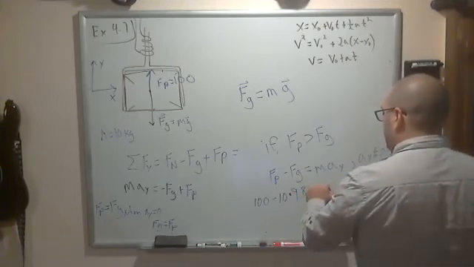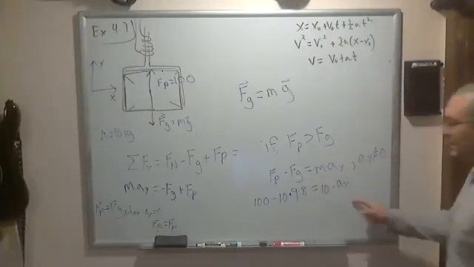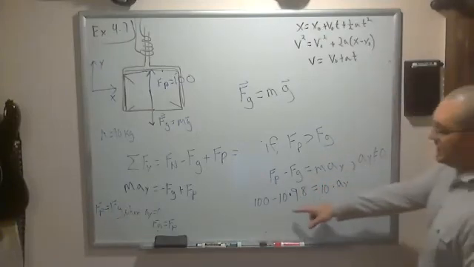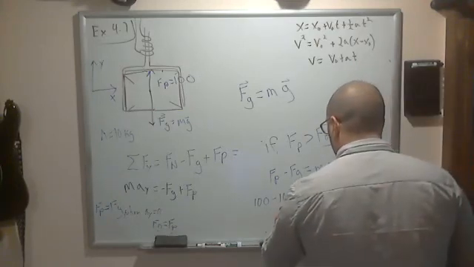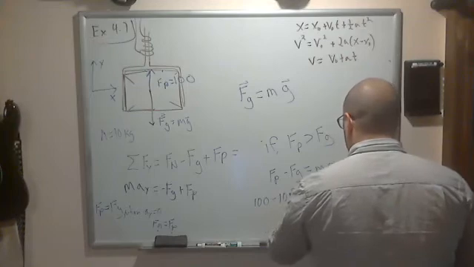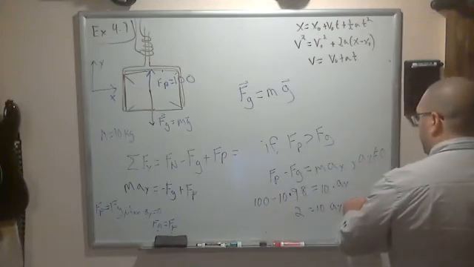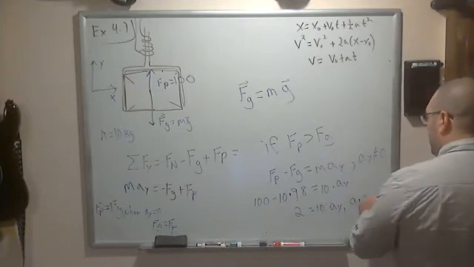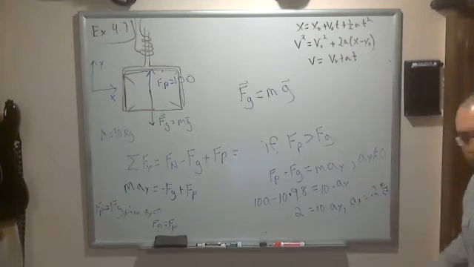And then this is 10 times the acceleration, and we could figure out the acceleration. Here, this is just 98. So then we have 2 divided by 10, and we find the acceleration to be 0.2 meters per second squared. Okay.